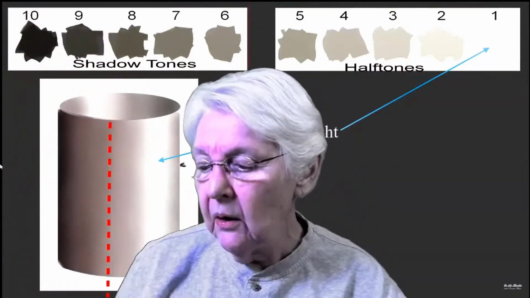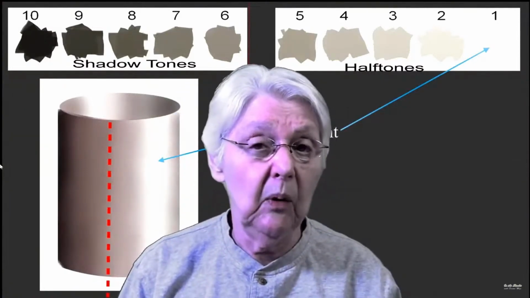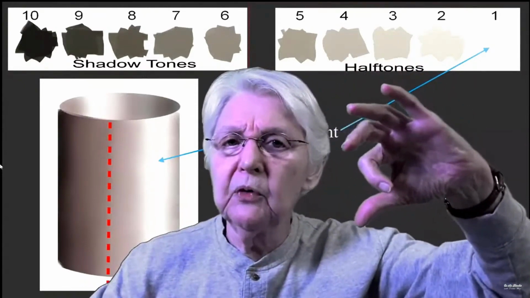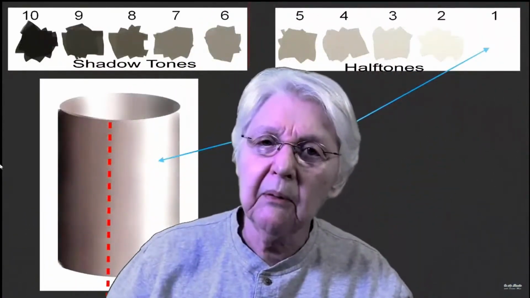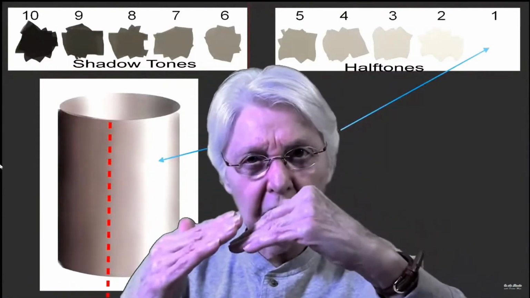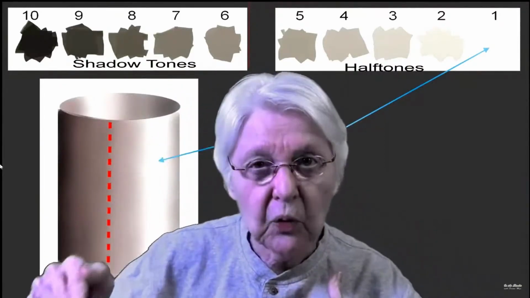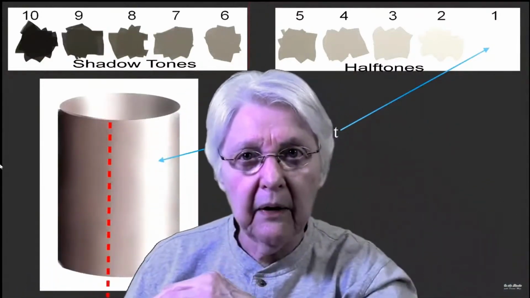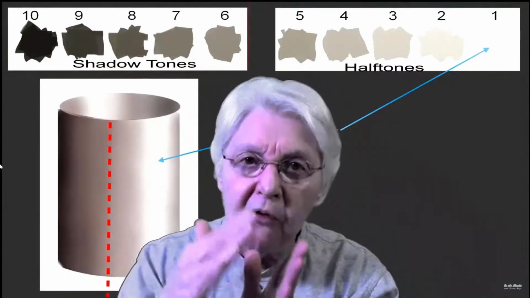So that's one thing. And also, if you want to show light rays coming through fog, which is a beautiful thing, then the degree of difference between where one bunch of rays is coming through and where another bunch of rays is coming through, you'll be able to show by reading the intervals between them, by being able to tell if that bunch of light rays is in a halftone 1 area, which is about a value 2-ish continuum, or if it's in a halftone 4 area.